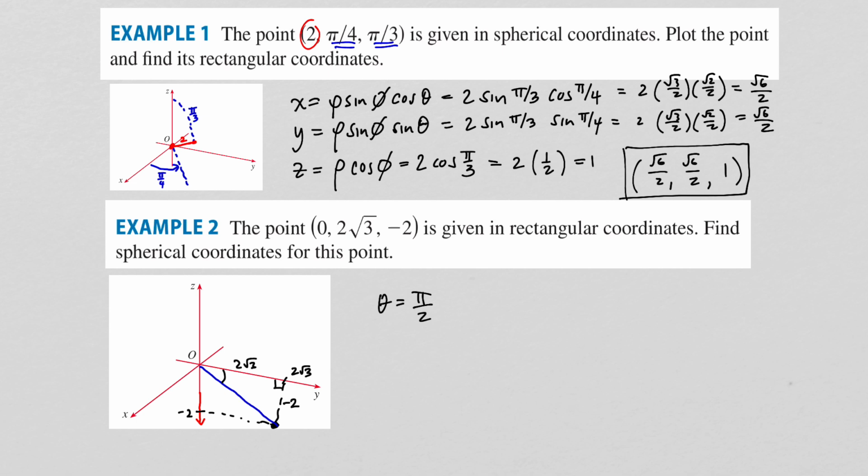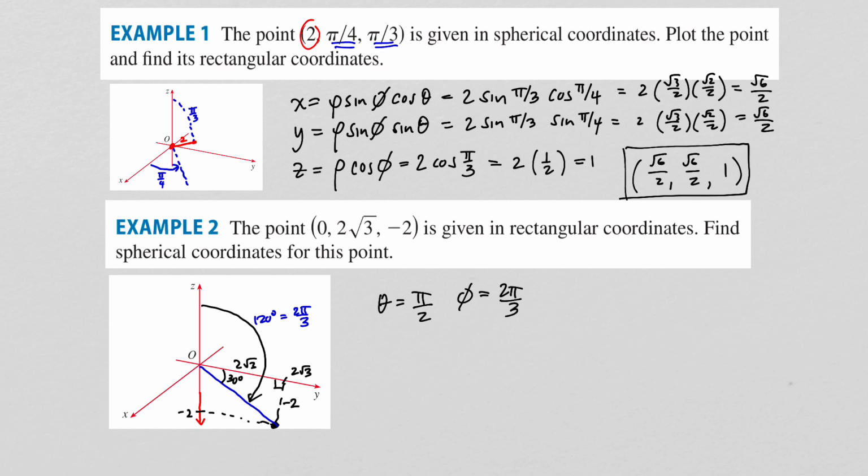This means that the angle right there is 30 degrees. And so the angle from the positive z-axis down to there is going to be 90 degrees plus 30 degrees, which is 120 degrees, which of course in radians is 2 pi over 3. And so that's phi.